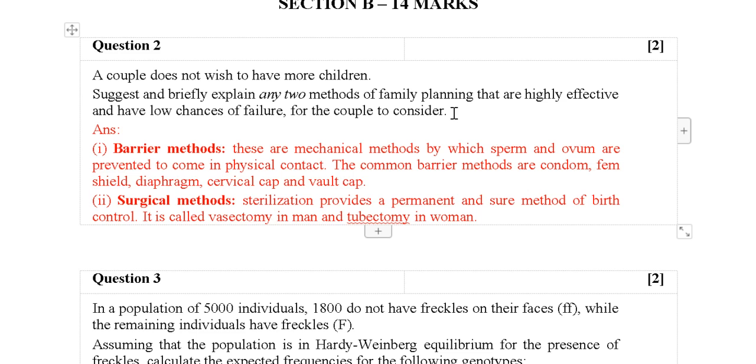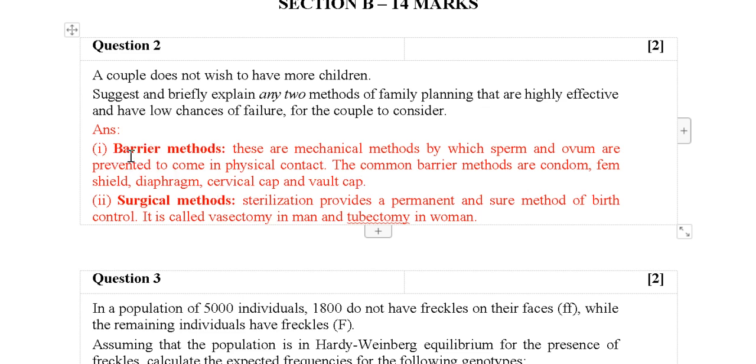So that means they are talking about the family planning program and how we can check the population. So there are the contraceptive methods. I wrote 2 methods here which we can apply to control the population, and this way we can maintain the family planning program.